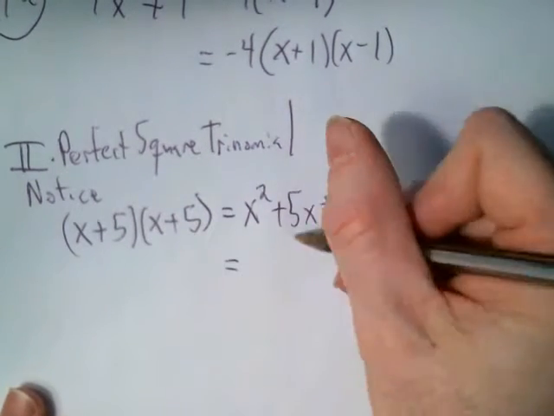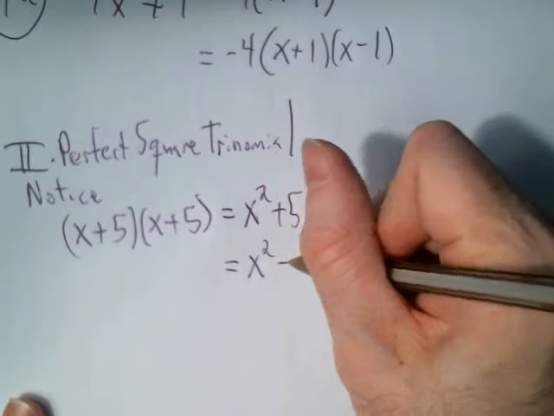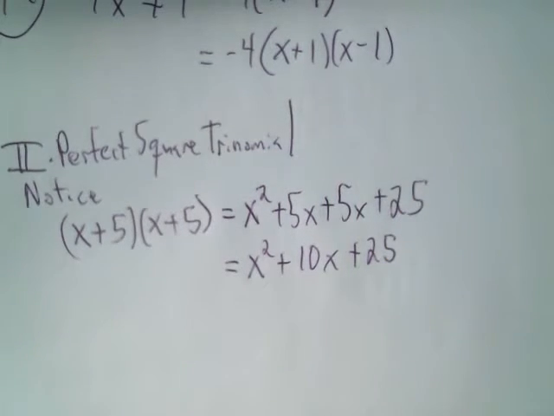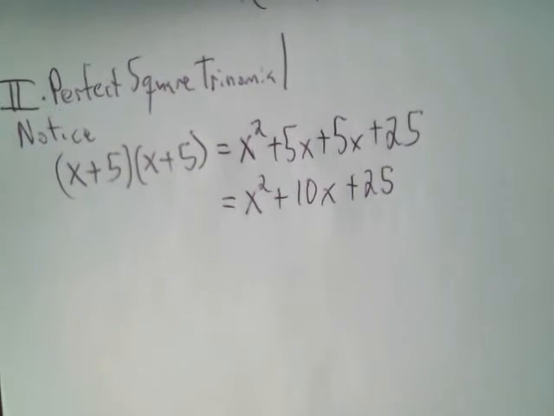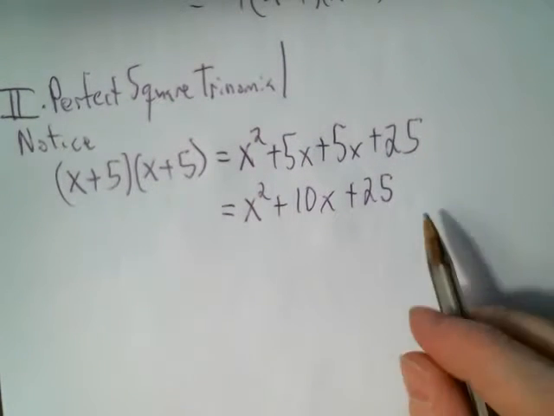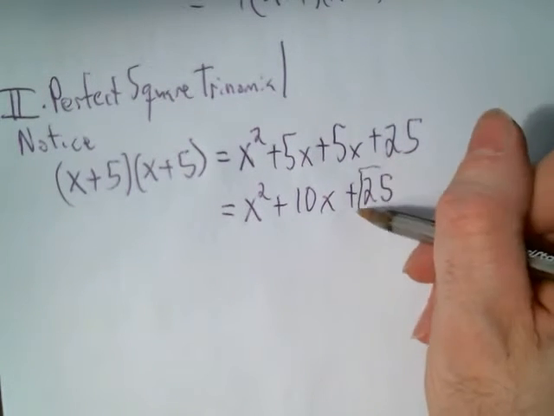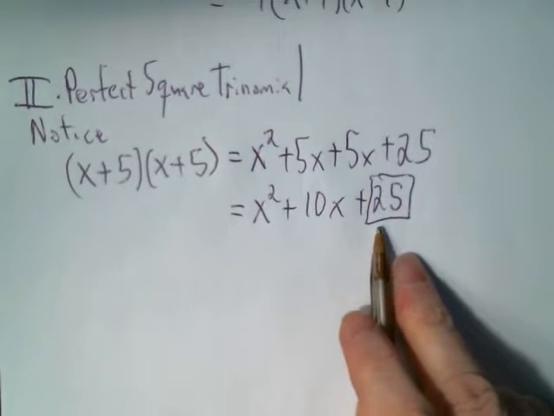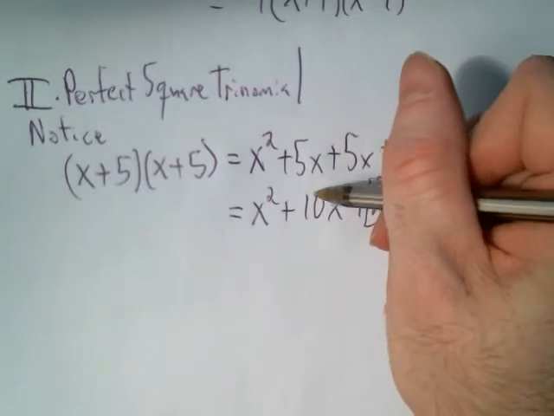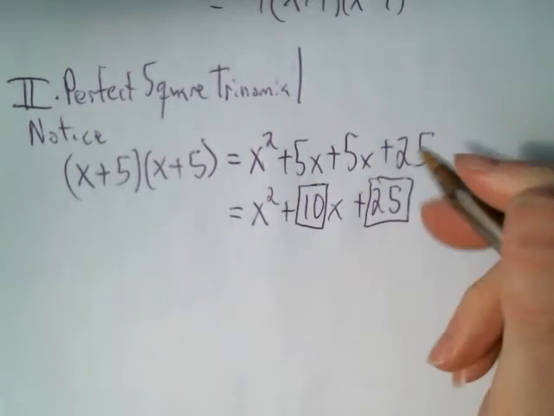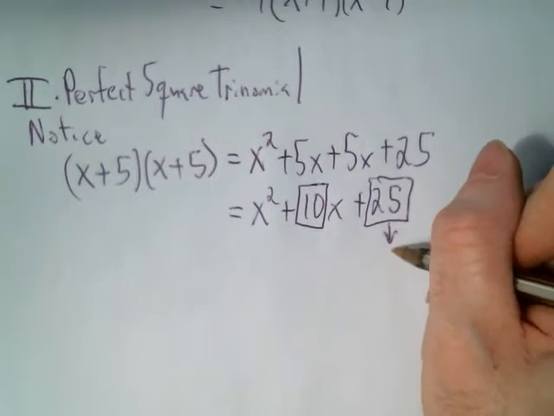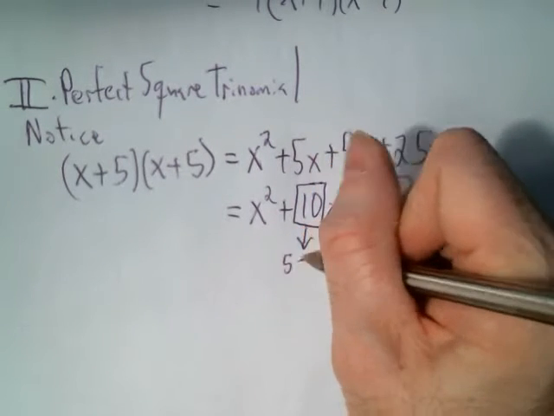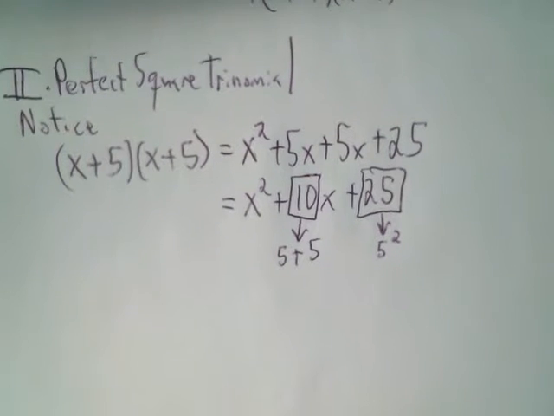Okay. If we combine this, it's going to be x squared plus 10x plus 25. And it's a form, okay? And it's particularly a form because this thing's always going to be a perfect square when this happens. And then this thing is going to be the sum of those squares, right? So this is 5 squared. And then this thing here is the 5 plus 5, gives you the 10.